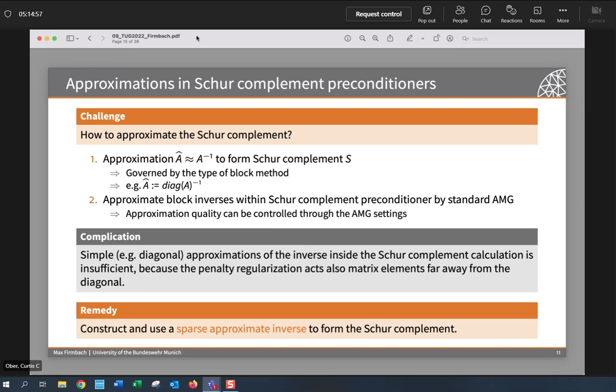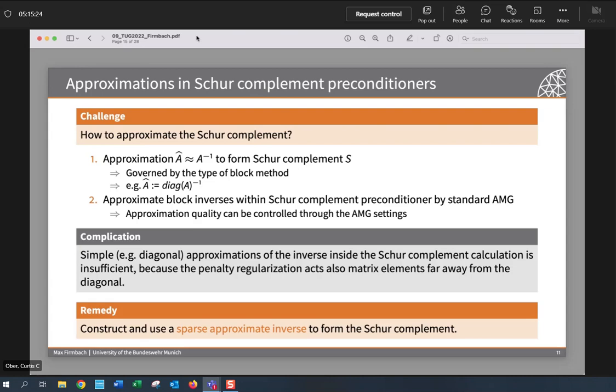Of course, how you do this is governed by the type of block method and physics used, but the common approach, and also the implementation in MueLu that we faced, is that you can either use a diagonal approximation of the inverse, or you can use some kind of lumping approach where you use an absolute row sum or something like that to get your explicit inverse to calculate the Schur complement.